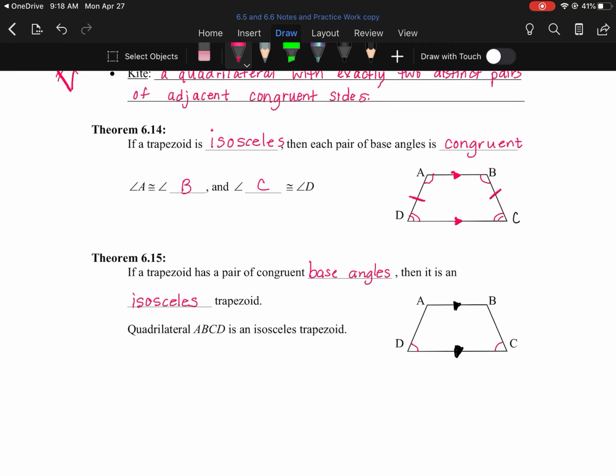Before, it said if it's isosceles, then the base angles are congruent. However, this says if we have just one pair of congruent base angles, then we know it's an isosceles trapezoid. So quadrilateral ABCD is an isosceles trapezoid.